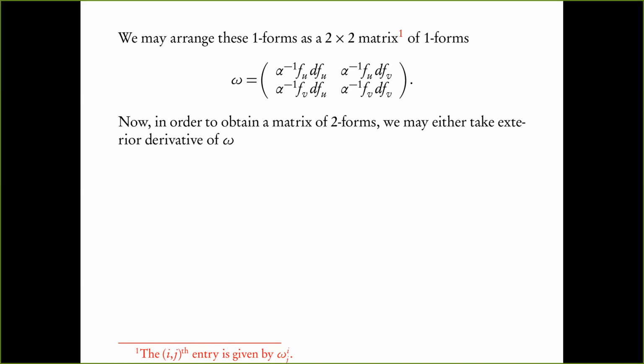If you think about it, for a single 1 form, taking the wedge product of a 1 form with itself will give you 0. Nothing interesting because it's skew-symmetric. However, in this case, you do not have a single 1 form, you have a matrix. So what you could do ideally is multiply the matrix with itself, but when you multiply the entries, you multiply them using the wedge product.